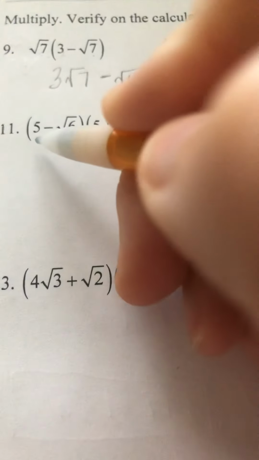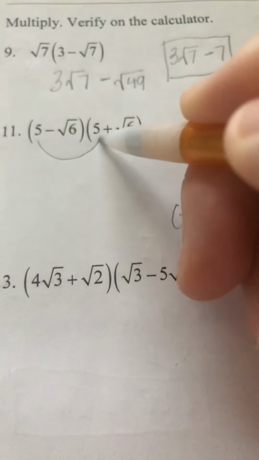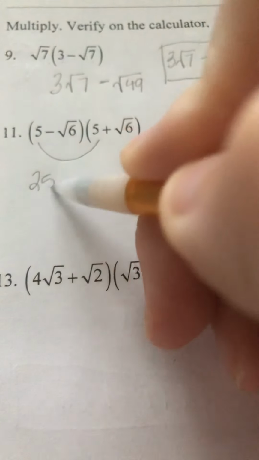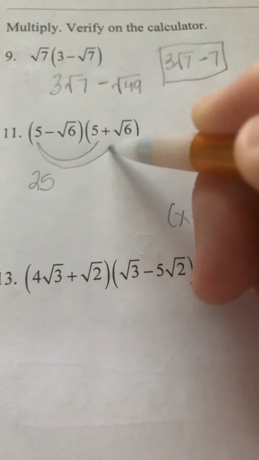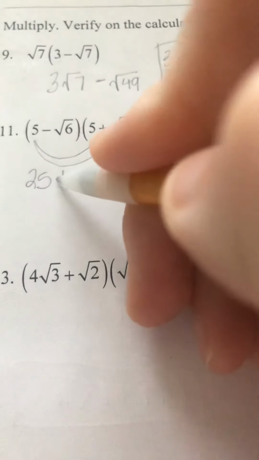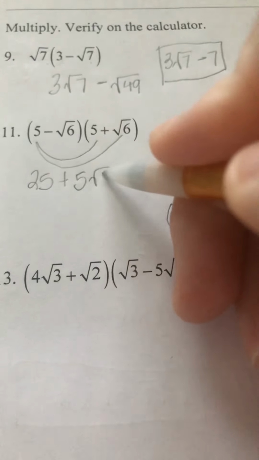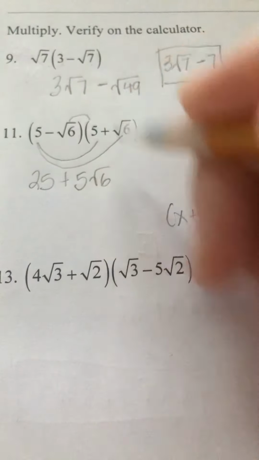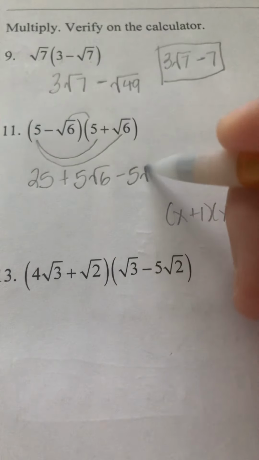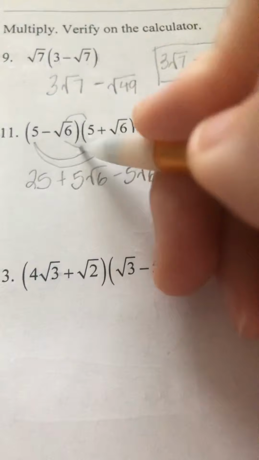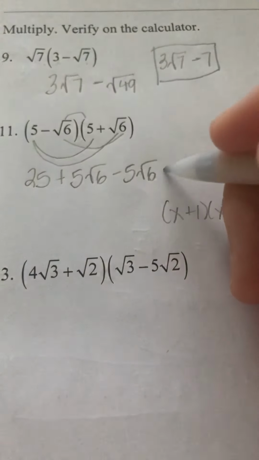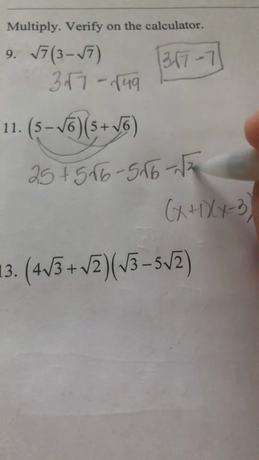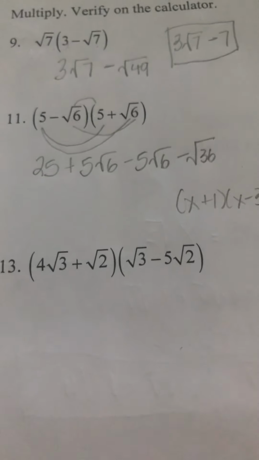So here we go. First, 25. Outers, 5 root 6. Inners, minus 5 root 6. And last, negative root 36. You can multiply what's under there.